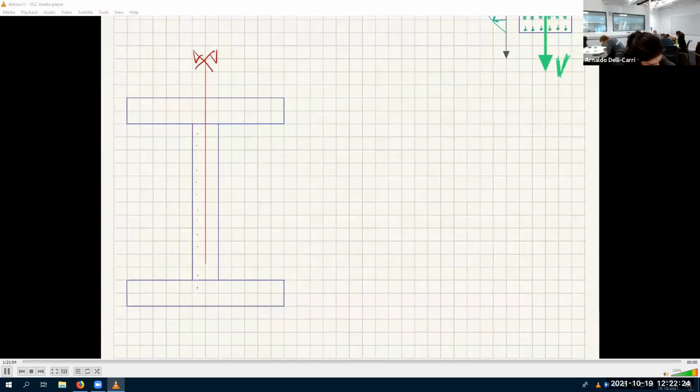Okay. So this is my second axis of symmetry. I'm going to use this to mark the centroid, and I'm using it to draw this other symmetry symbol.